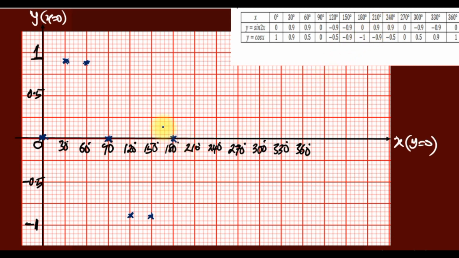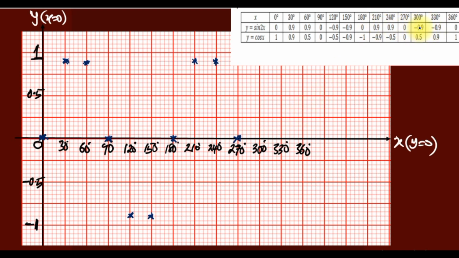For 210 it is 0.9, that's positive, so we'll go up 1, 2, 3. For 240, that's the same, positive, 1, 2, 3. For 270 it is 0, so we'll go down 0.